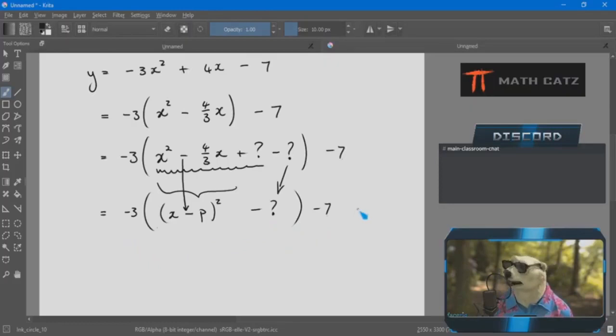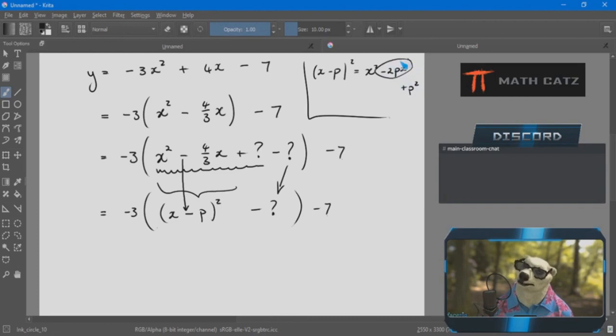So now, if I go on the side here, maybe I say, well, x minus p squared is going to be x squared minus 2px plus p squared. I'm trying to hit this minus 2px to get a target of minus 4 over 3x, because I'm stuck with the minus 4 over 3.